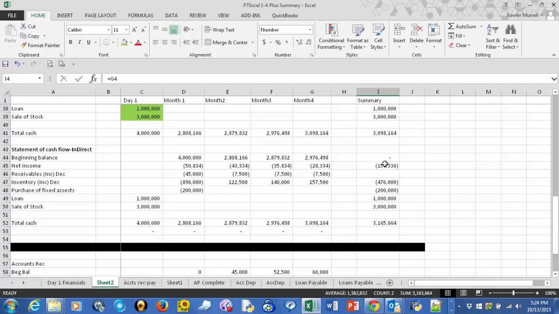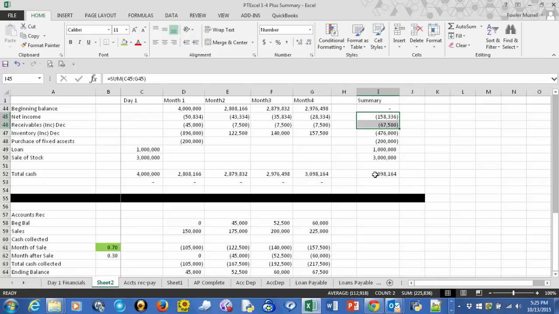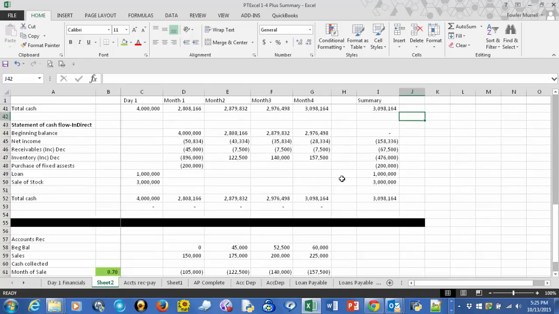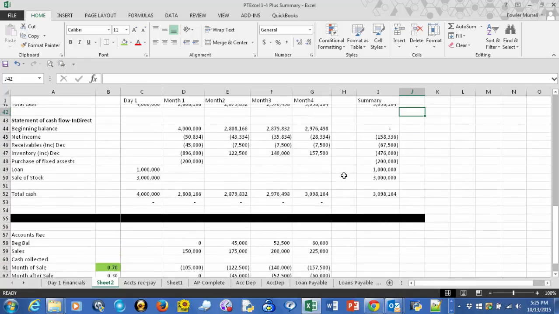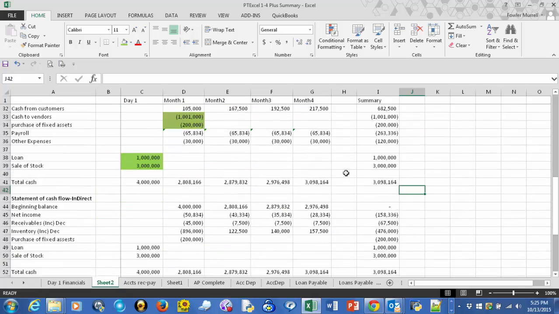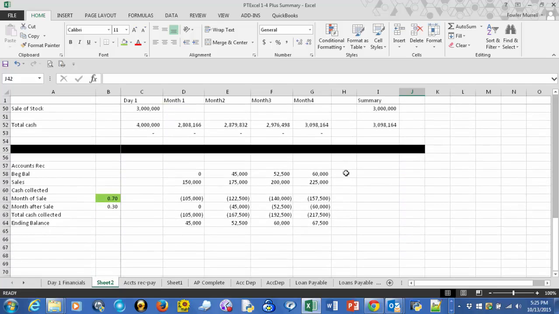And we need to do one drag here. Okay. You need to look at these very carefully to make sure that you don't have holes in the summary. And we are complete. That's done it for accounts receivable. Okay. Thank you for your time.